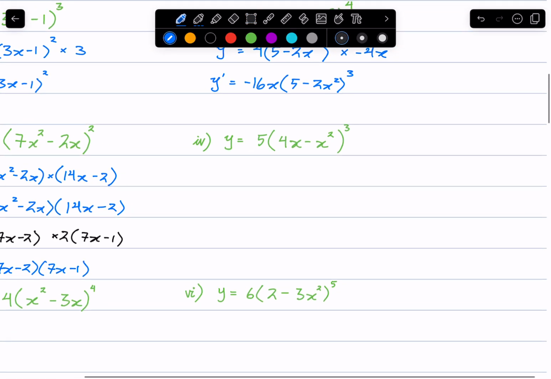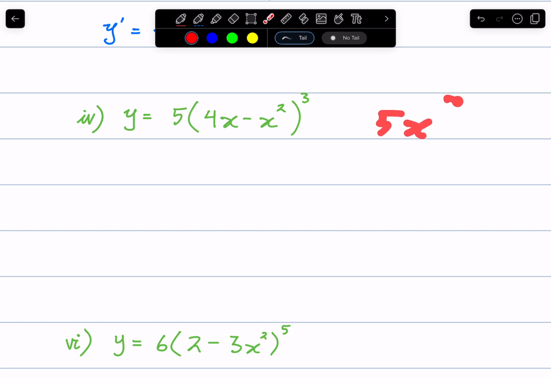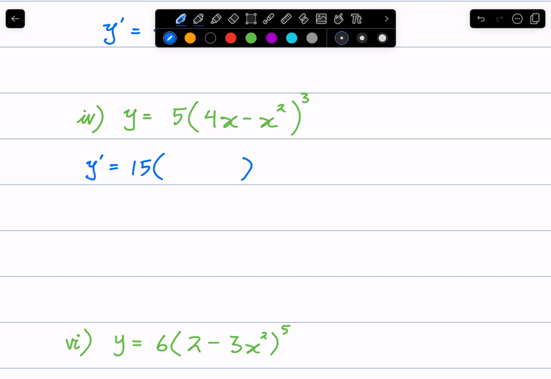So here we go. Once again, hope you can recognize the outer function. The outer function is 5x cubed. To differentiate this, you should see that it's 15x squared. So differentiating first the outer function, 15x squared, and leaving everything inside that function intact.